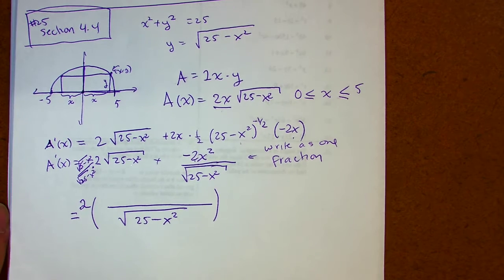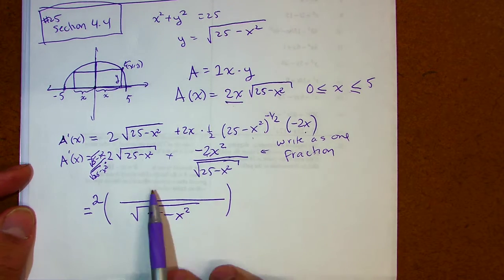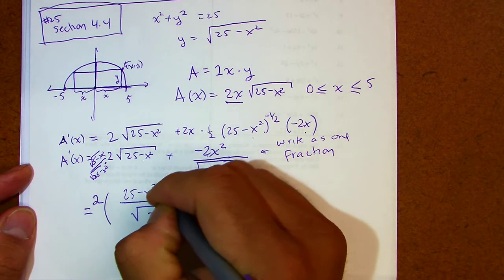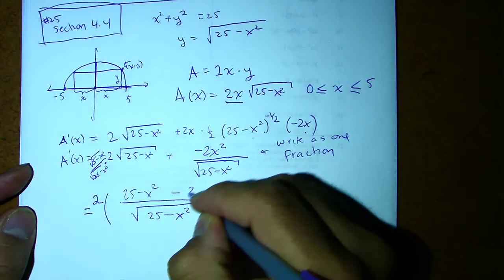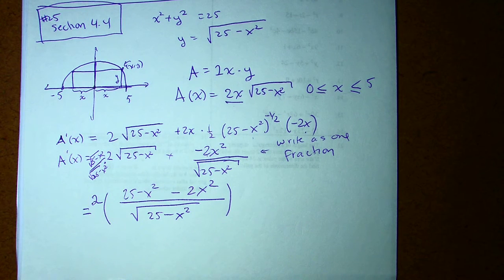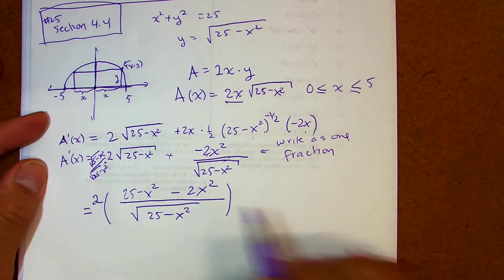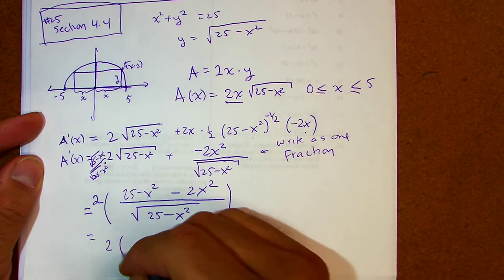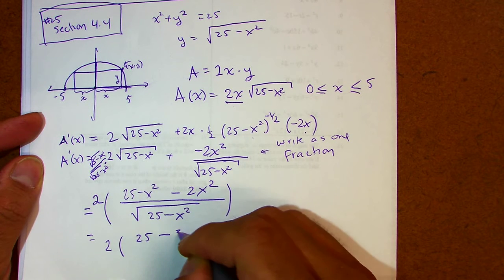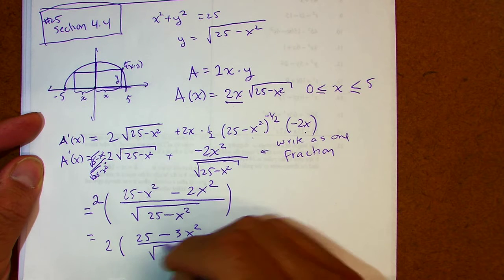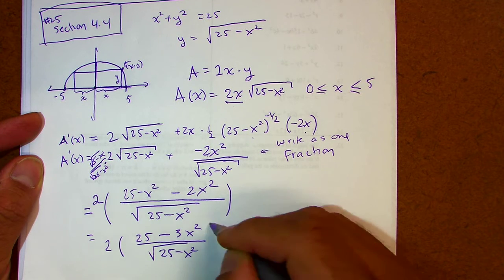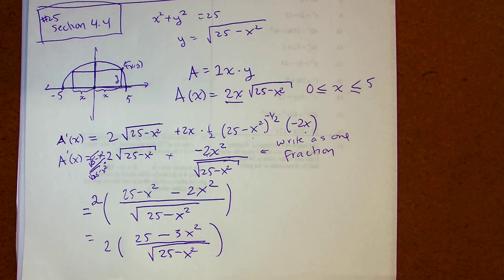Okay, so taking that out, now we'll see we have over here minus 2x squared. All right, so now once we're here, we'll have that.